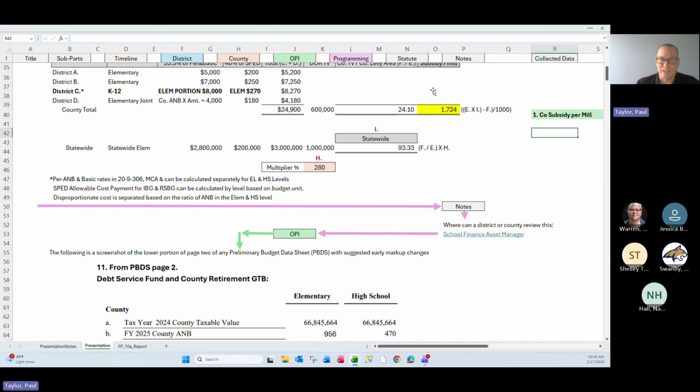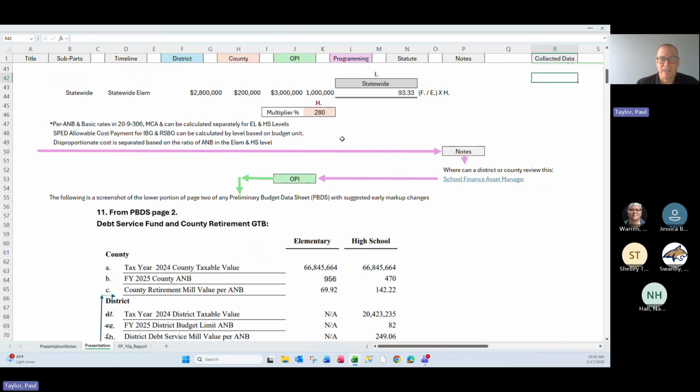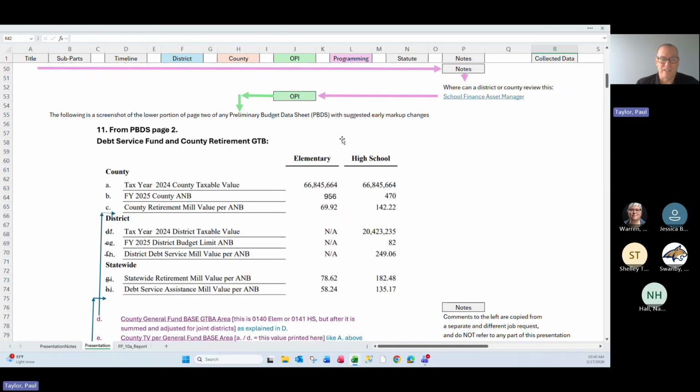And so if we wanted to check this calculation or see these couple values, the county, the state, and the subsidy for the county, and even that multiplier, this is where we're going with it for now. And it's been historically this way for retirement anyway, and debt service. So it makes sense to put it here.